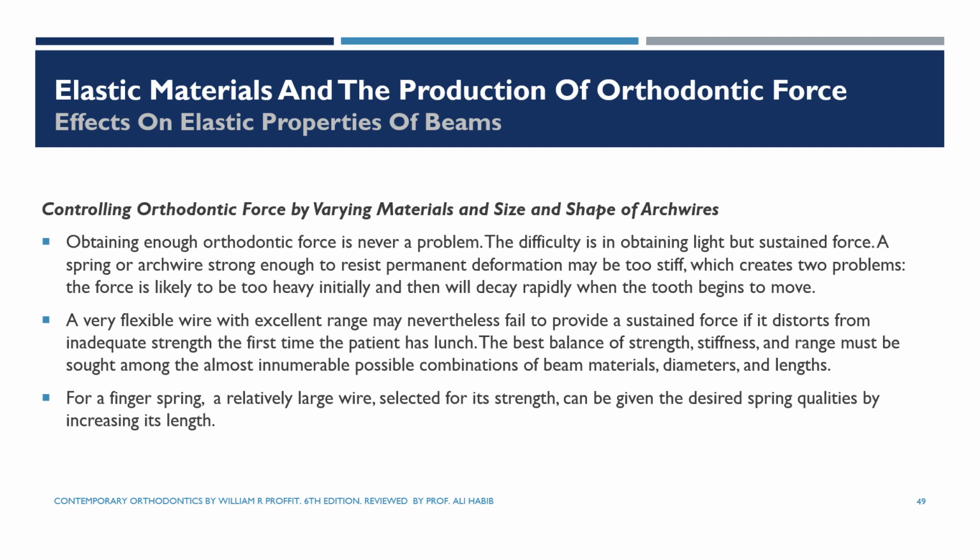Here what the author is trying to say is that we should balance strength, stiffness, and range in order to design a wire that can achieve our objective, which is to obtain light but sustained force.